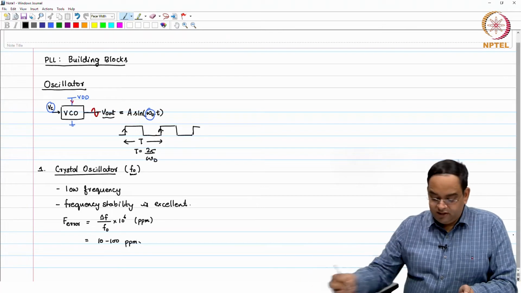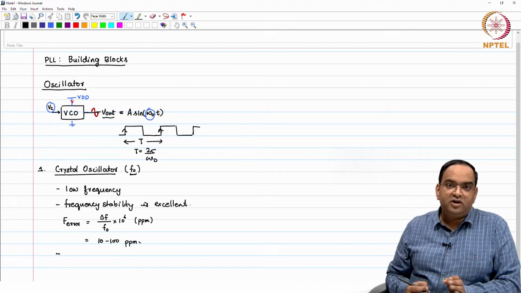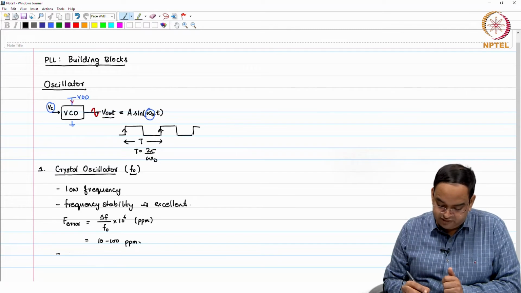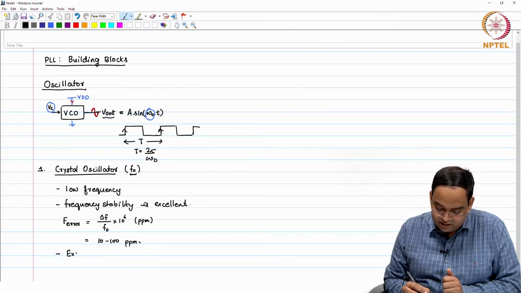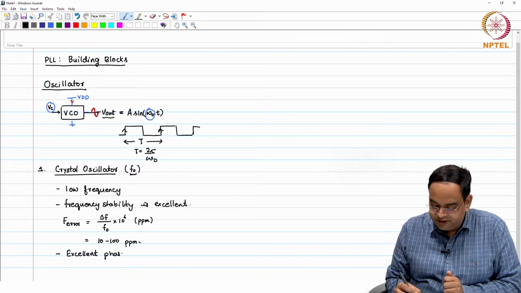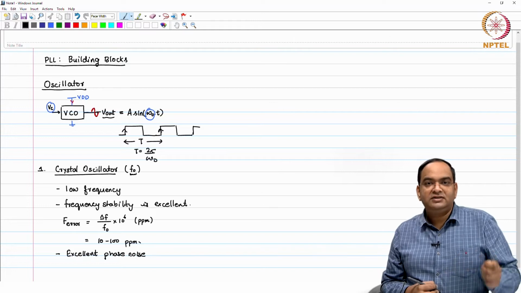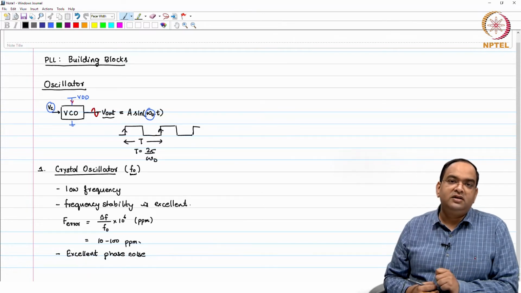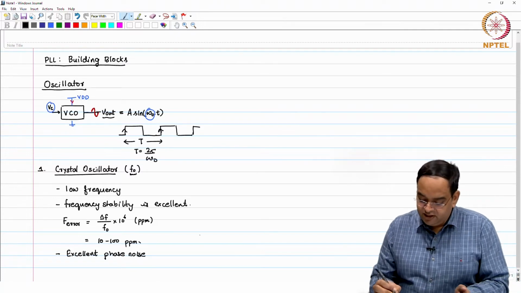Okay. Then the other important metric for the oscillator is your phase noise. So, a crystal oscillator comes with excellent phase noise, and what is this phase noise? Well, it means that if you use the oscillator stand alone as a clock, the jitter is going to be very low, or the phase noise is very less.